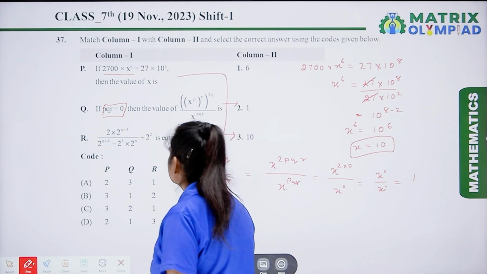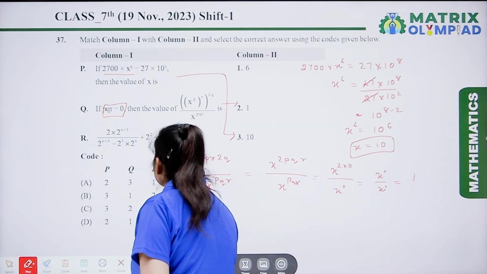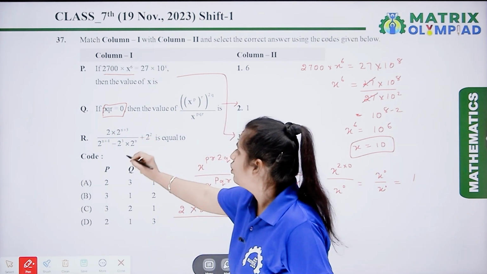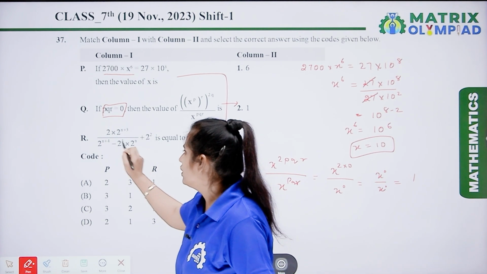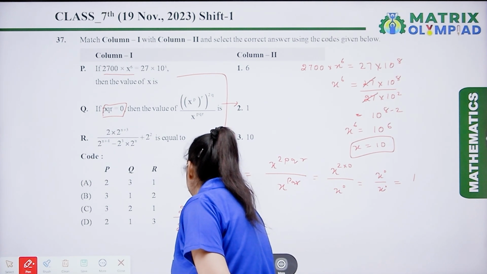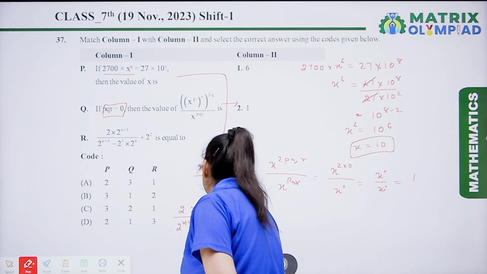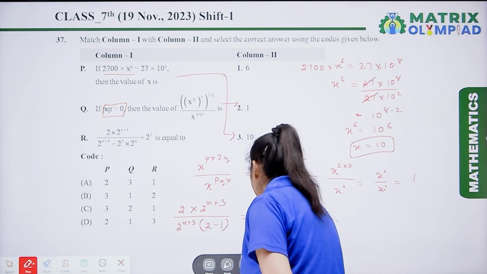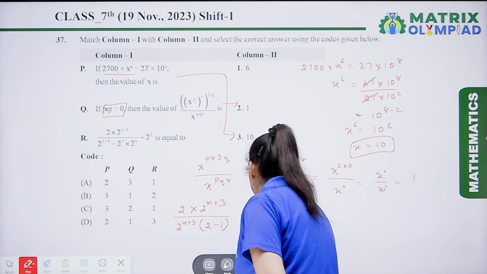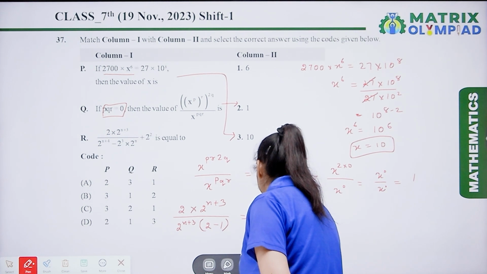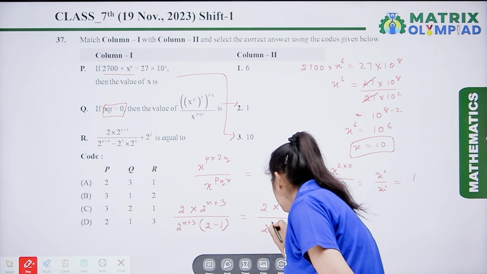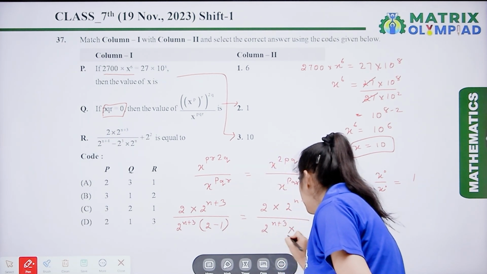Now let's solve the last one. Here it is 2 multiplied by 2 to the power n plus 3. Now here what we are going to do, we will take a common, that is 2 to the power n plus 3 is common. Inside we are left with 2 minus 1, plus 3 multiplied by 1.